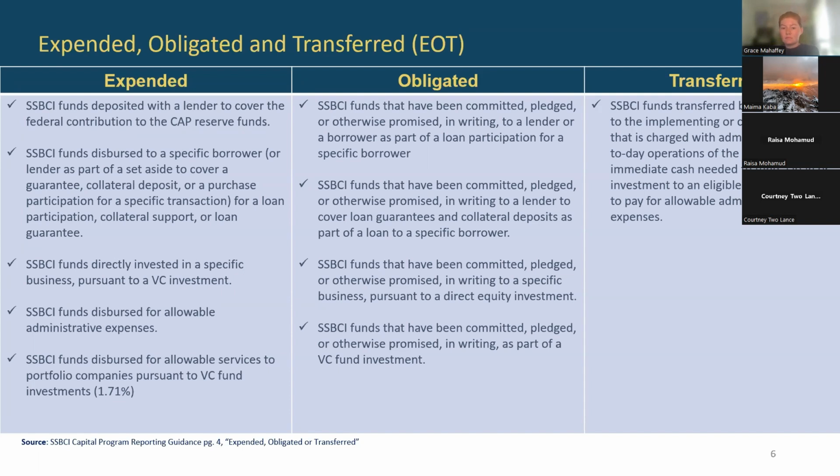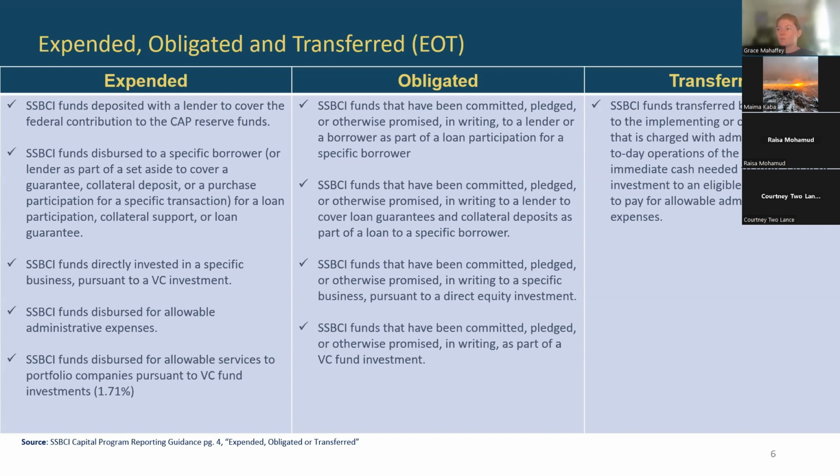For transactions to be considered obligated, SSBCI funds must be committed, pledged, or promised in writing to a lender or borrower as part of a specific loan participation to a specific borrower, but the loan has not contractually closed. Likewise, for an LGP or collateral support transaction, SSBCI funds must be made as a commitment to cover guarantees and collateral deposits, but the loan has not contractually closed.